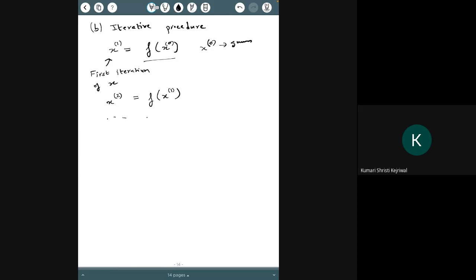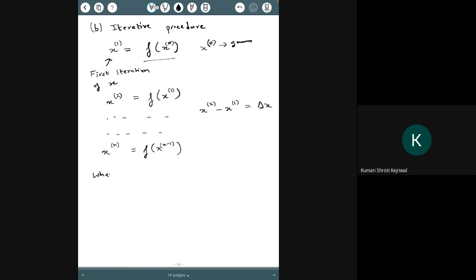And then you keep going, and at each stage, you check the difference between the answers that you get. At some point you will see that the values are not changing so much.